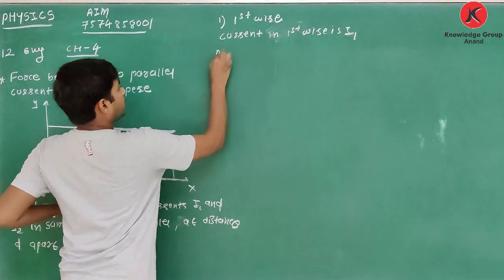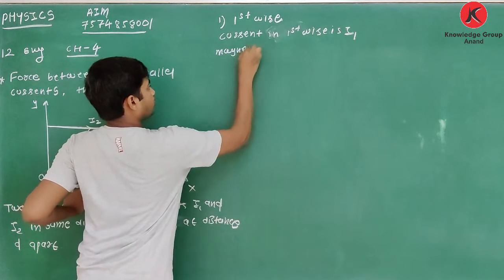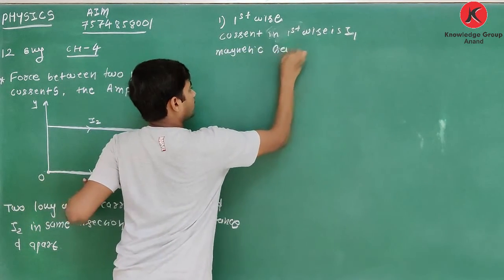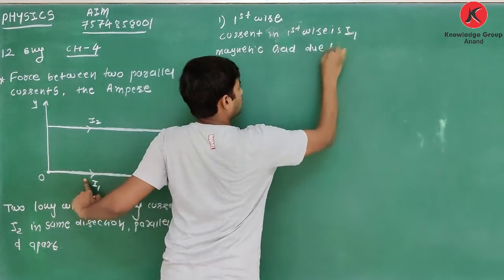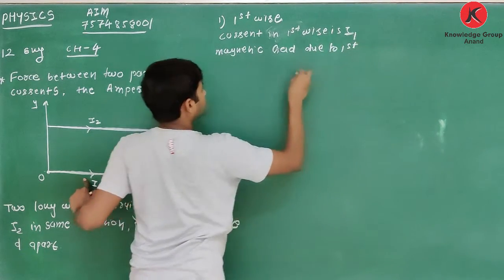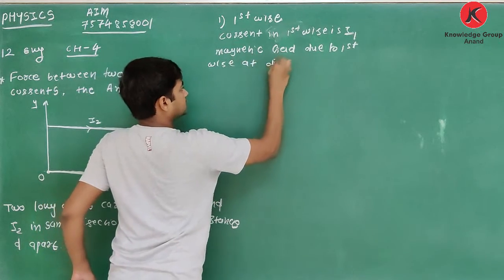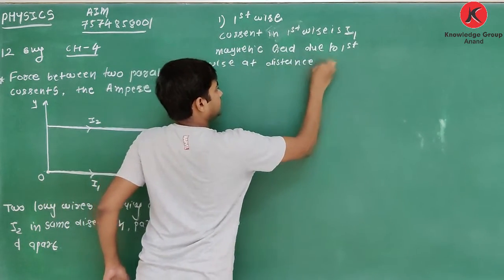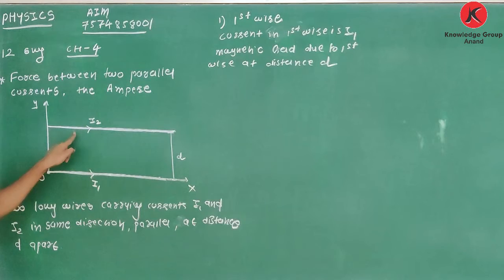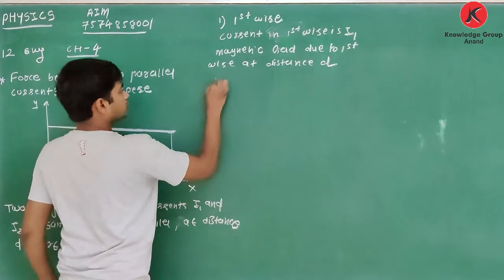The magnetic field due to the first wire at distance d, and distance d means on the second wire too. What is the equation of the magnetic field?